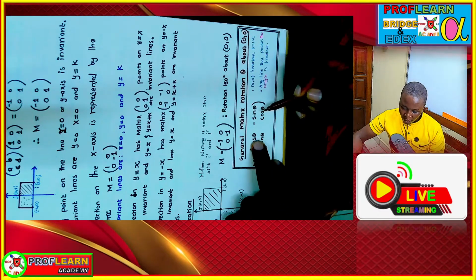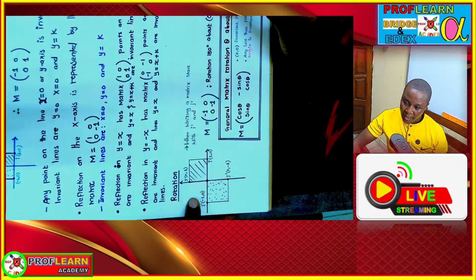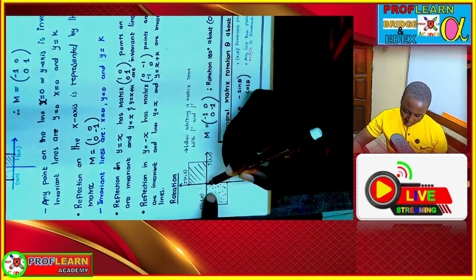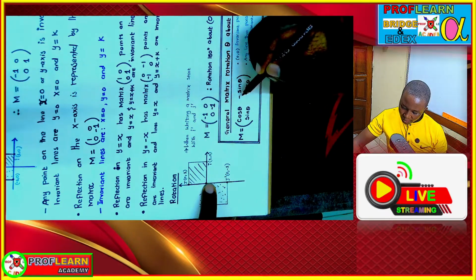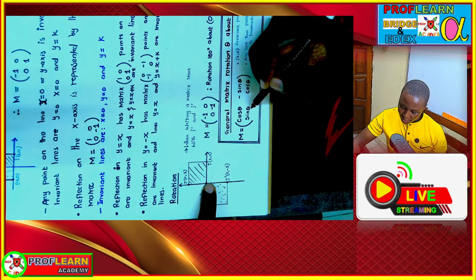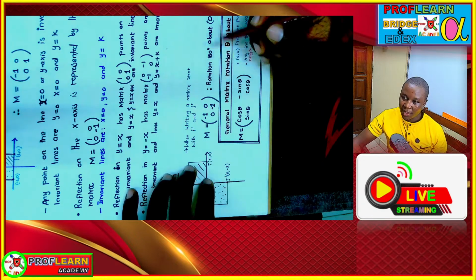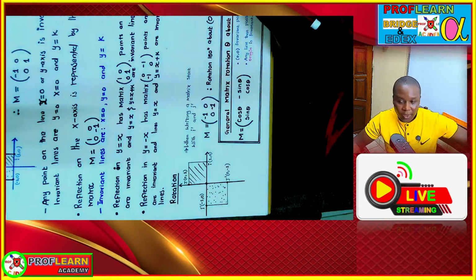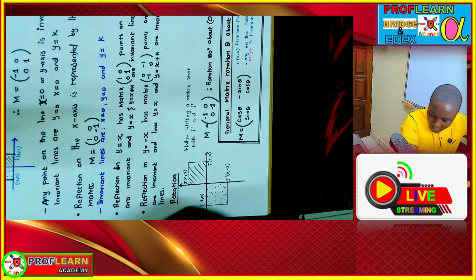For instance, if we have a rotation in the anti-clockwise direction of 180 about the origin 0, 0, that's going to be cos 180, negative sine 180, sine 180, cos 180. If you put that in your calculator, you get the answer.